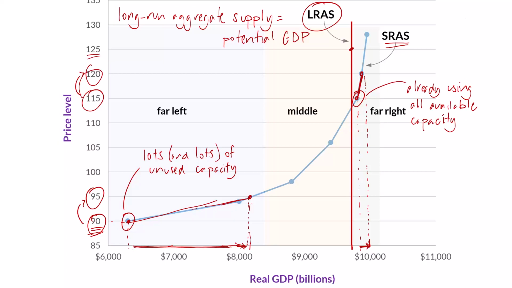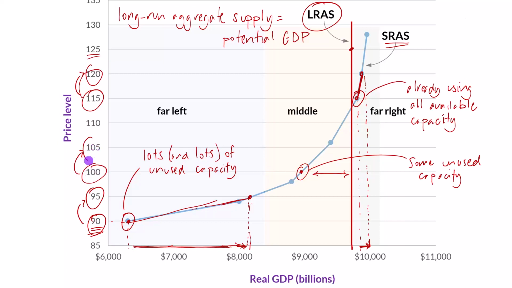Now, if we are, let's say, here in our middle portion, then we have some unused capacity, but we're not too far from long-run aggregate supply, that is, from potential GDP. Okay, so if we're at this point here, then our price level is 100.